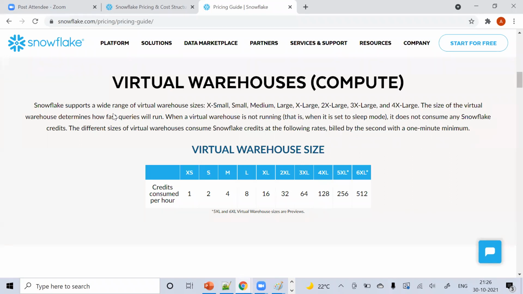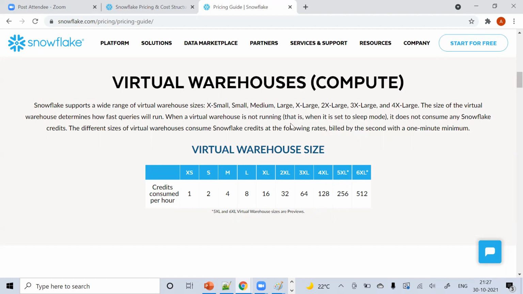When your queries are taking a lot of time, the size of the virtual warehouse decides that. These are the sizes, nodes per cluster, basically. For concurrency issues, when a lot of queries are queuing in, you will have more clusters in that virtual warehouse to avoid that problem.